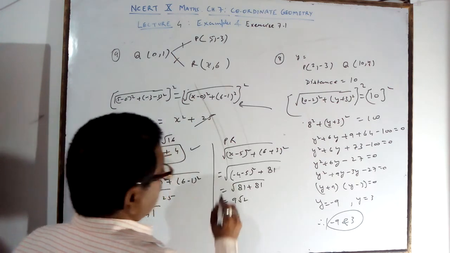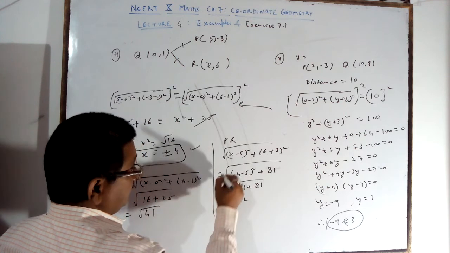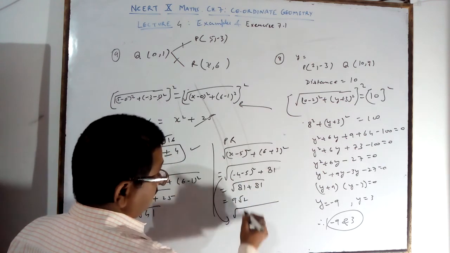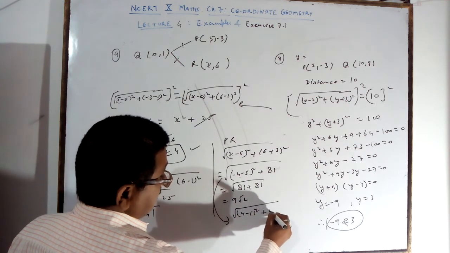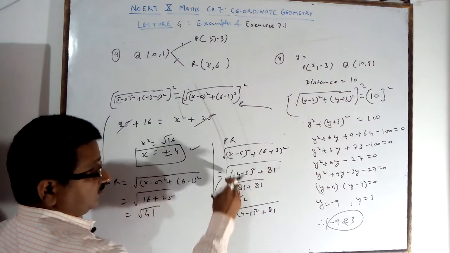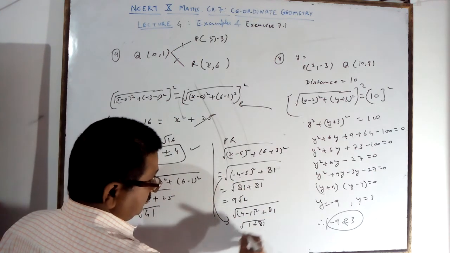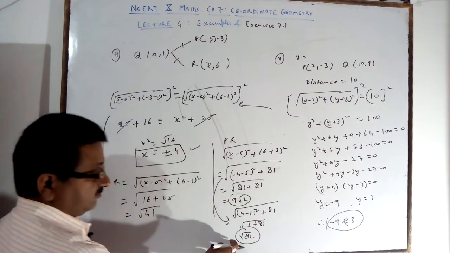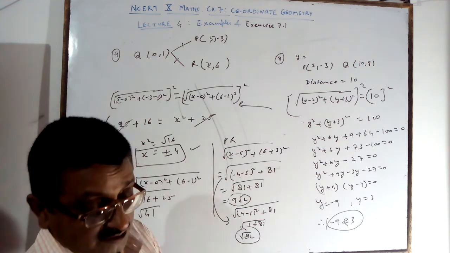If x is plus 4, then (4 minus 5) whole square plus 81. Minus 4 will be replaced by plus 4. So 1 plus 81, you will get root 82. So there are two answers for the PR because x has two values.